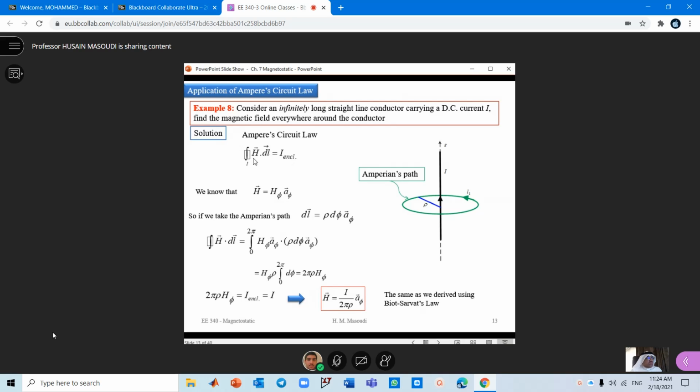It's going to have only one component, which is the phi component. Then from that, we selected a path in order to perform the integration. This path is going to be along the phi direction and should be closed at any arbitrary rho. Any arbitrary rho, it doesn't matter. Did I answer your question, Nawaf?